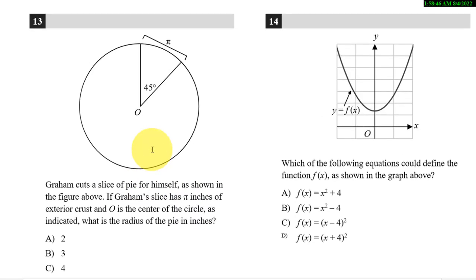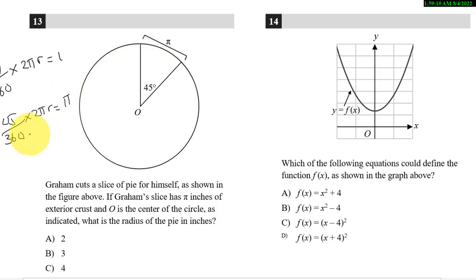Now, the famous formula for finding the circumference or part of a circumference of a circle is theta over 360 times 2 pi r is equal to L. Our theta is 45, times 2 pi r, and our L is pi.